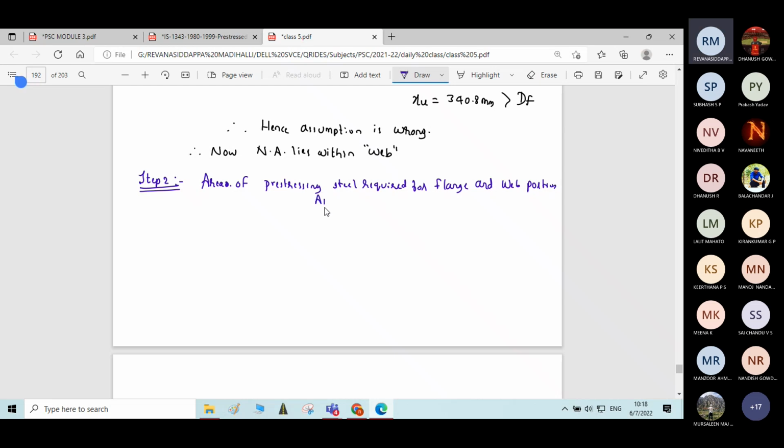Means we need the value of APF and APW. That we'll find now in this step.